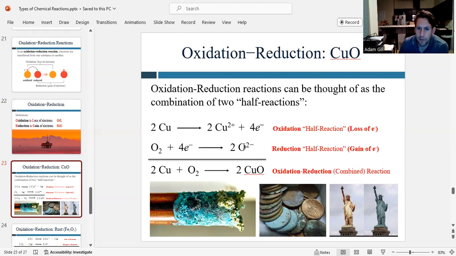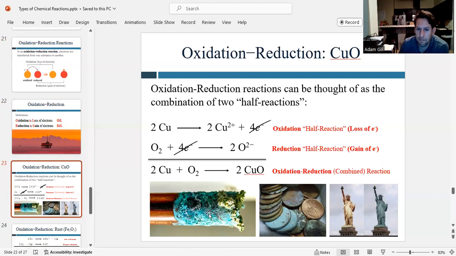If we combine these two reactions, the electrons cancel. And so our balanced reaction is 2 coppers plus oxygen creates 2 copper oxides. This is what you see when there's that greenish blue corrosion on copper. The copper metal has reacted with oxygen in the air to make copper oxide.